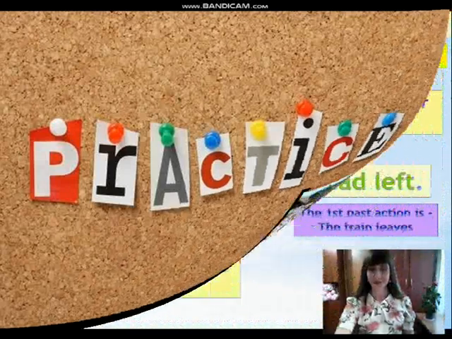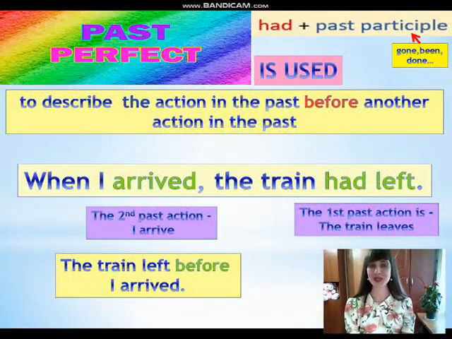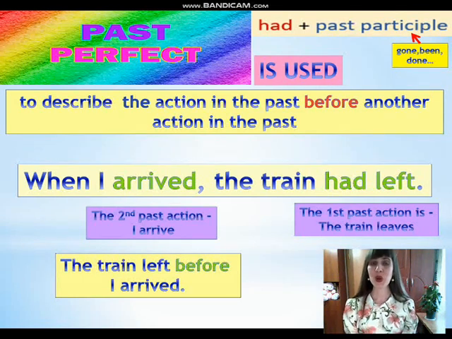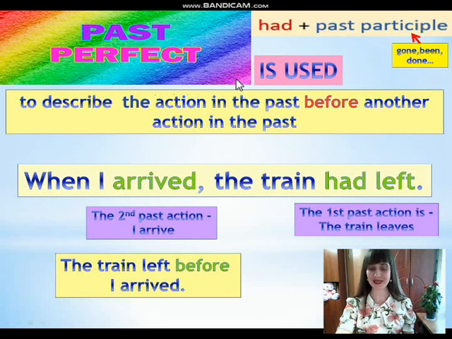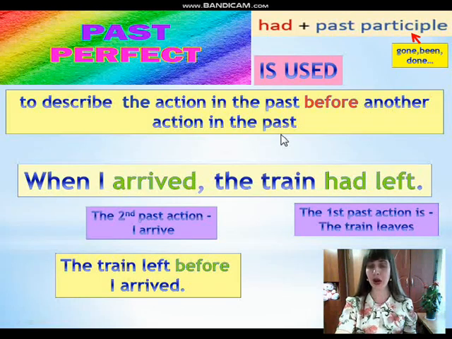So, my dear friends, our next experiments in our grammar laboratory will be connected with the past perfect tense. The past perfect tense is used to describe an action in the past before another action in the past.